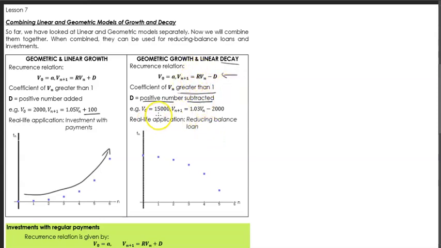So another example, $15,000 is my initial amount. In order to get my next amount, we get a previous amount, multiply by 1.03 or 3% of the previous term, and then subtract 2,000. A real life application for this is a reducing balance loan or even a mortgage. I'll be paying a mortgage off soon once my house is complete. And with that in mind, I will be chipping away at it.